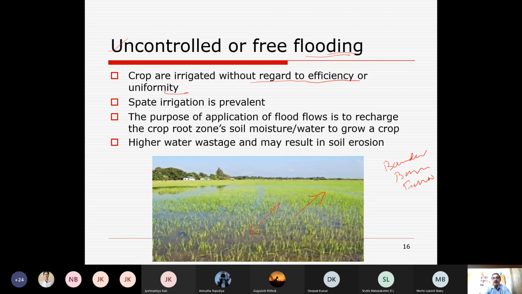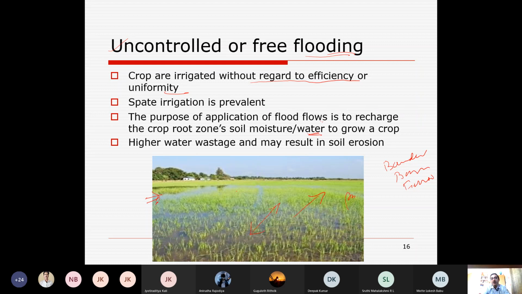Flood irrigation is prevalent. Usually the supply is uncontrolled, meaning there is no regulation. Prevalent means water is given freely. The purpose of application of flood flows in the field is to recharge the crop root zone with moisture, or the water requirement to grow the crop. One example is the rice crop.